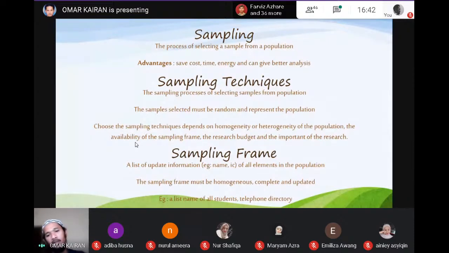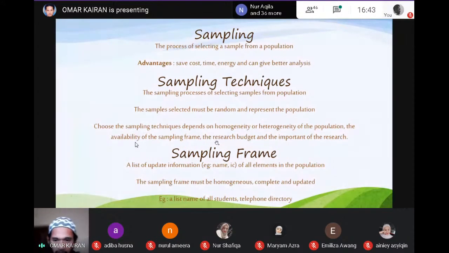These are the determinants of the sampling technique. The choices of sampling technique depend on the homogeneity or heterogeneity of the population, and then the sampling frame, the list, and also the budget, the research budget.